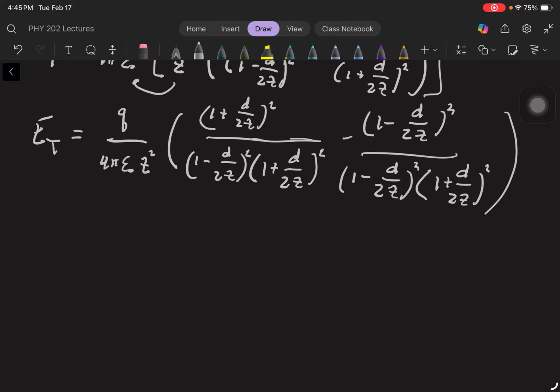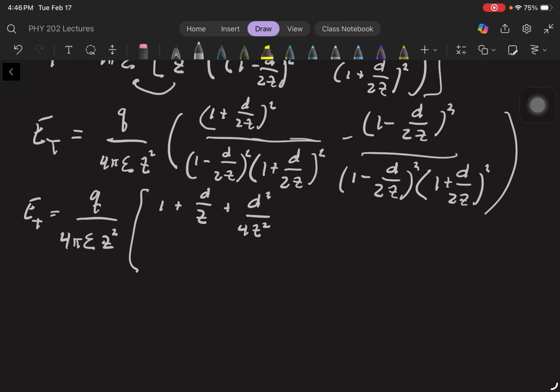And so let's try to make this look slightly nicer. E_T is equal to q over 4 pi epsilon naught z squared times 1 plus d over z plus d squared over 4z squared, minus 1 minus d over z plus d squared over 4z squared.